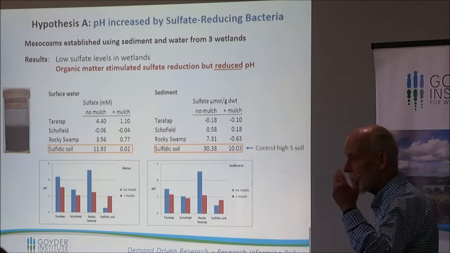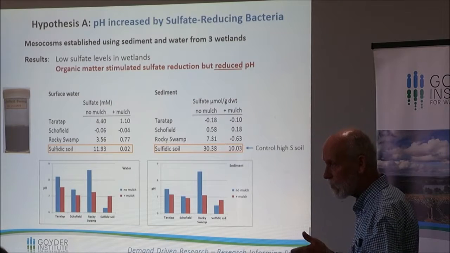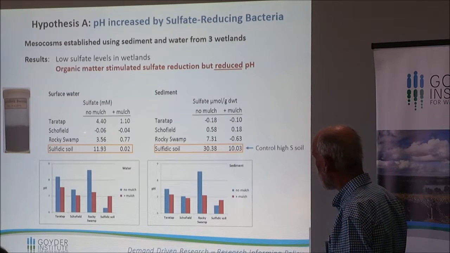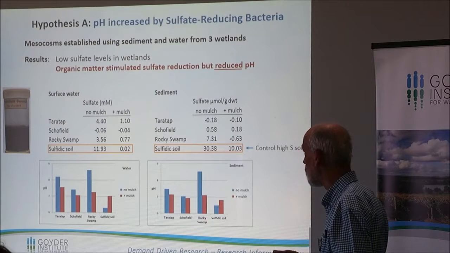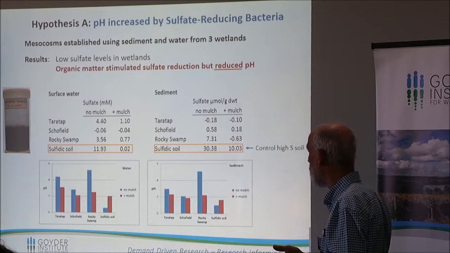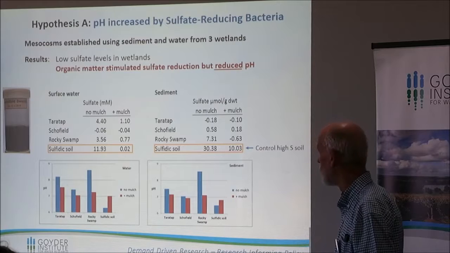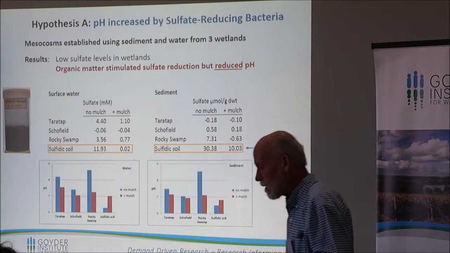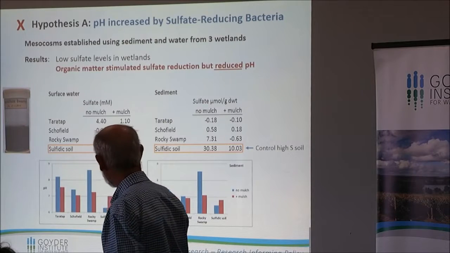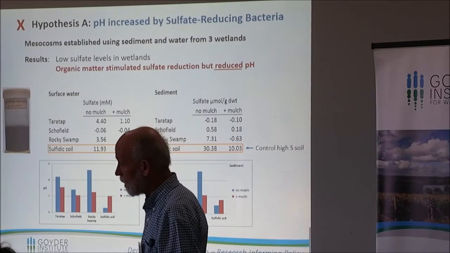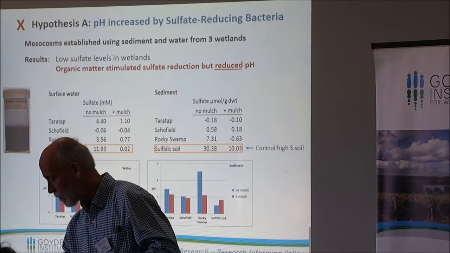If sulfate-reducing bacteria were the main cause, we would expect quite large changes in sulfate and we'd expect the pH to rise. There weren't large changes in sulfate, only small changes. So I think essentially we could rule out the dominant hypothesis from the previous study.